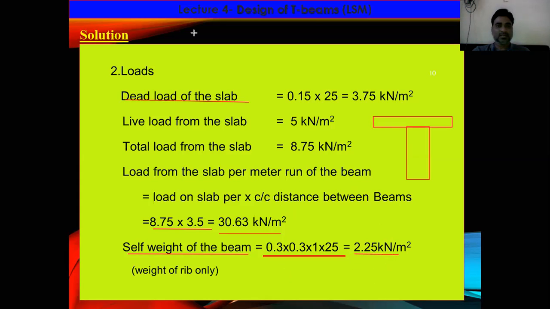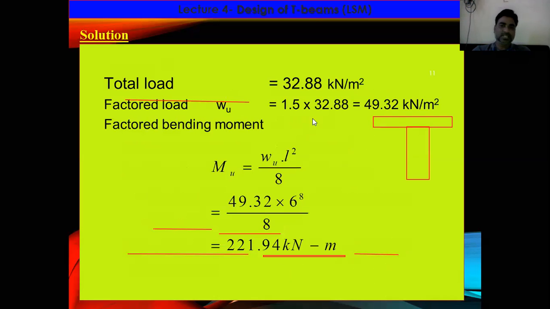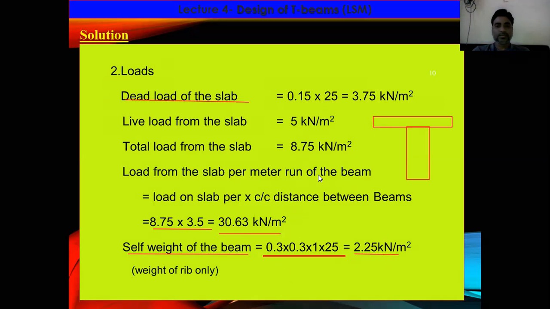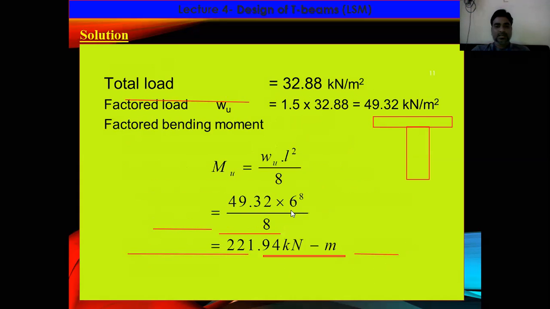Right. So this is the self weight of the beam. Then add both the things, you will get the total load, that is 32.88 kilonewton per meter, right? This is kilonewton per meter, not per meter square. So this is 32.8 kilonewton per meter, and apply the partial safety factor to determine the factored load.